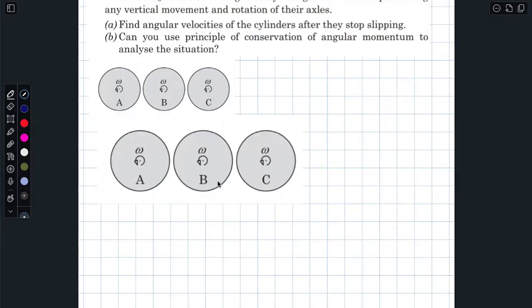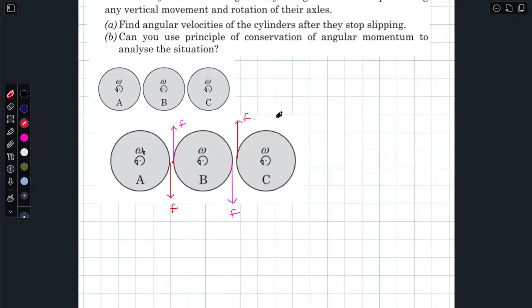once slipping starts, omega 1, see, on this friction acts like this, on this friction acts like this, on this friction acts like this, and on this friction acts like this.